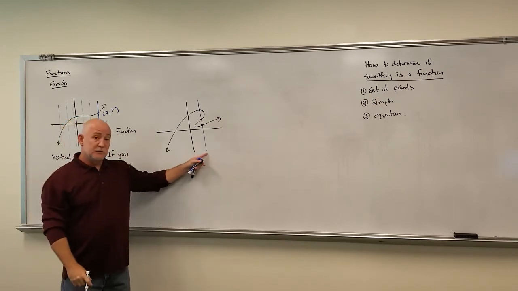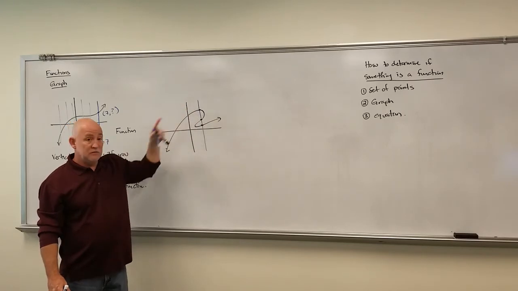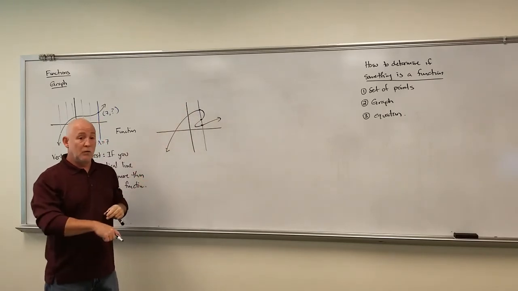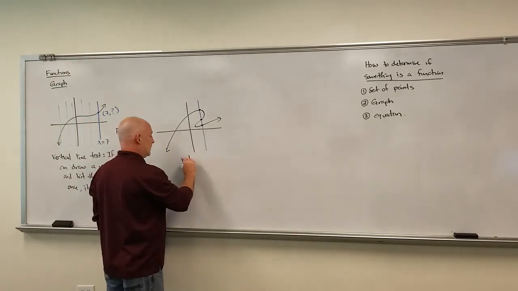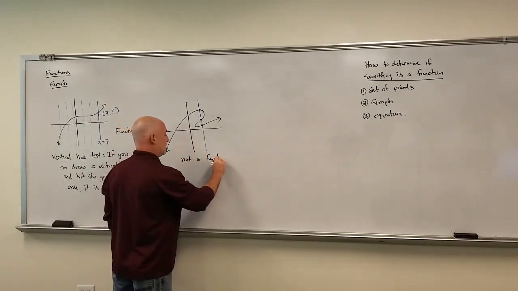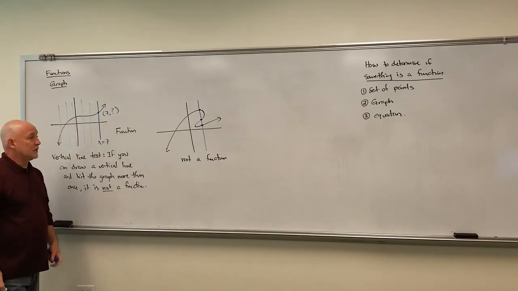That means for this specific x value, whatever it is, there are 3 y values to go along with it, which means you plugged in that one x and it gave you 3 y's. So this is not a function.